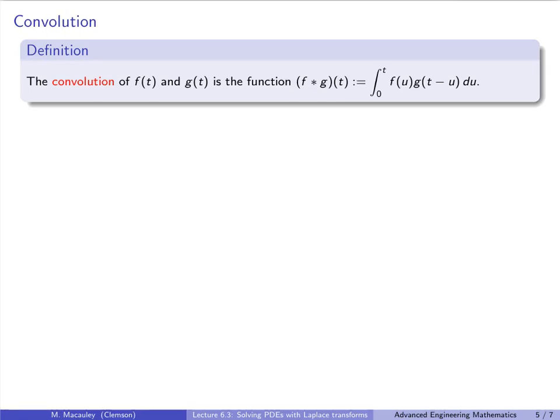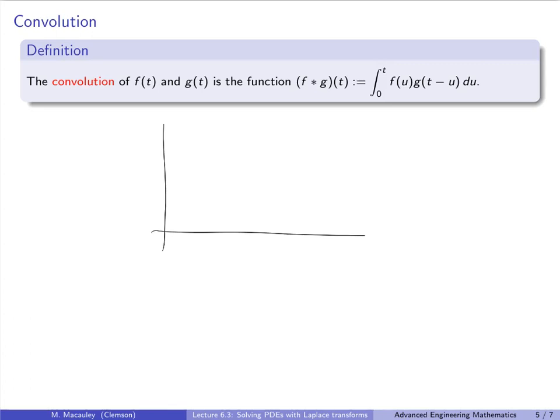So the convolution of functions f and g, denoted f star g, is the integral from 0 to t of f of u times g of t minus u du. Now this is kind of a weird thing to think about, and it's hard to describe, so I'll do my best, and then I'll show you a nice little animation from Wikipedia.